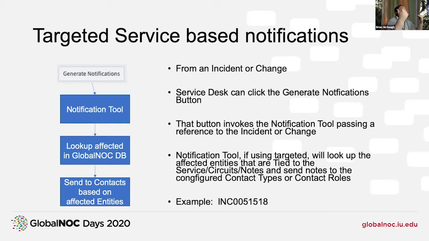If targeted is turned on for your network, it's going to find the affected circuits and tie those back to entities based on your circuit hierarchy, and then send to the appropriate contact type or contact role, depending on which you leverage. After it's made that association, it's going to preview for us the messages that will go out and who they'll go out to.